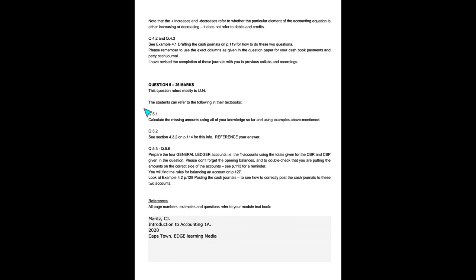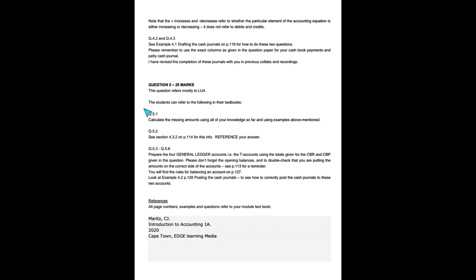They have given us four general ledger account names: bank, trading inventory, capital, and sales.